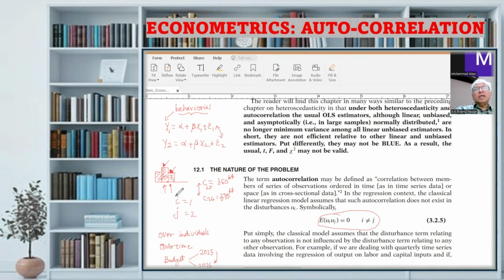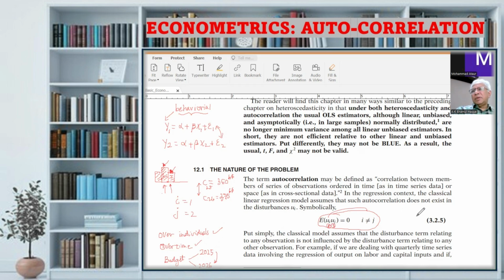So there is correlation between two individuals, as well as over time. That's exactly what I'm saying: there may be a link between observation 1 and observation 2, but it could also be linked between observation 1 and observation 3.